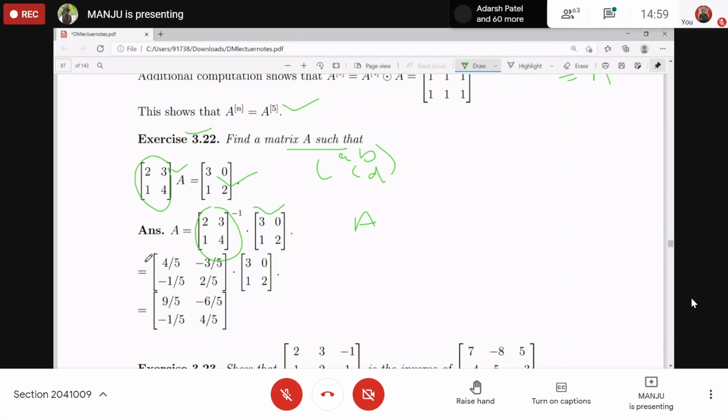Divide by the determinant 5. Multiply it, and you get A. Clear?